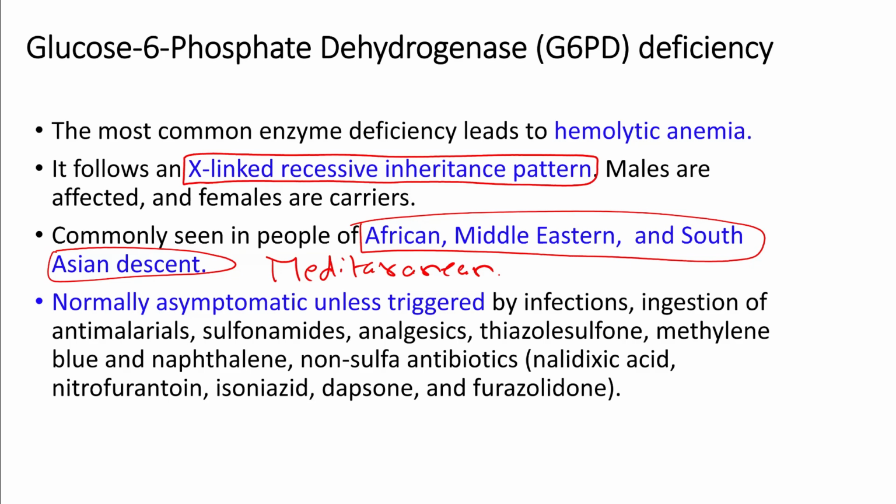Similar to G6PD, there is another disease where hemolysis is going on, called sickle cell anemia. Some of you might know. Sickle cell anemia is also common in areas where malaria is endemic. The reason for this is the malarial parasite thrives in red blood cells.